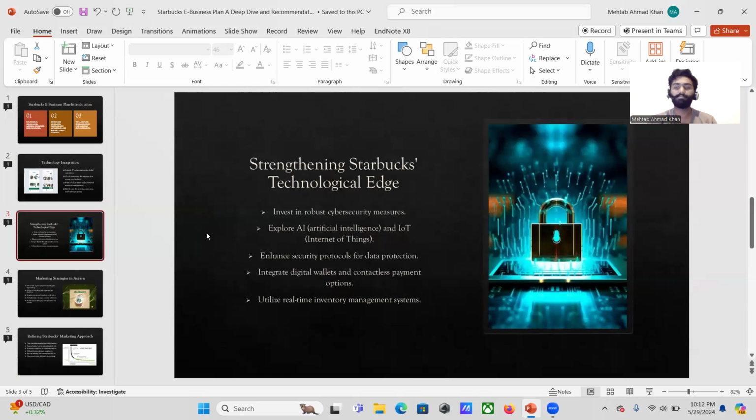This is a world where cybersecurity crime is increasing day by day, so Starbucks can improve their cybersecurity measures, and we have explained in our report how, and what implications cybersecurity can have on the company's technology.